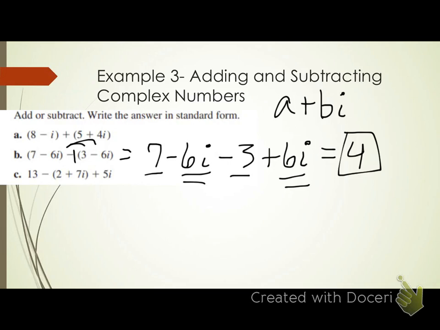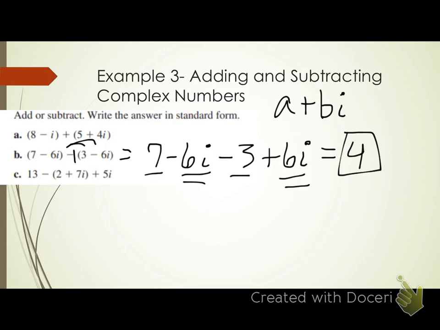Letter C. Looks a little different, but we can still do it. Got 13 minus 2 plus 7i plus 5i. So what's my first step here? It's the first thing I need to do on C. Not distribute 13. What's immediately in front of that set of parentheses?